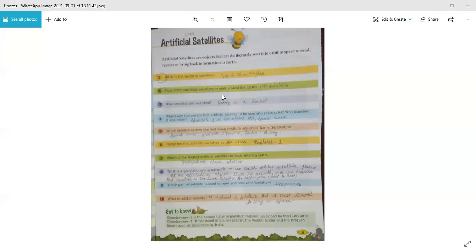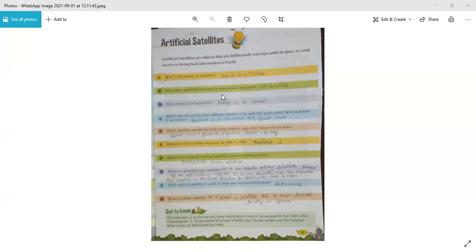It is an Earth orbiting satellite placed at an altitude, meaning height, of approximately 35,800 kilometers directly over the equator. It revolves in the same direction in which the Earth rotates. Earth rotates from west to east, and it also revolves west to east.